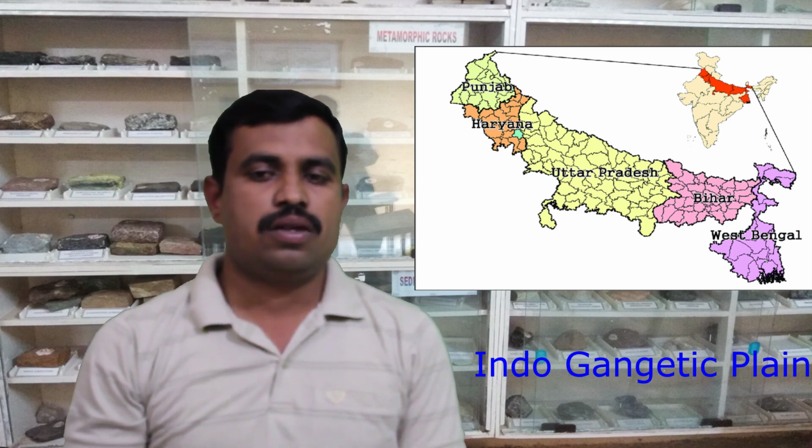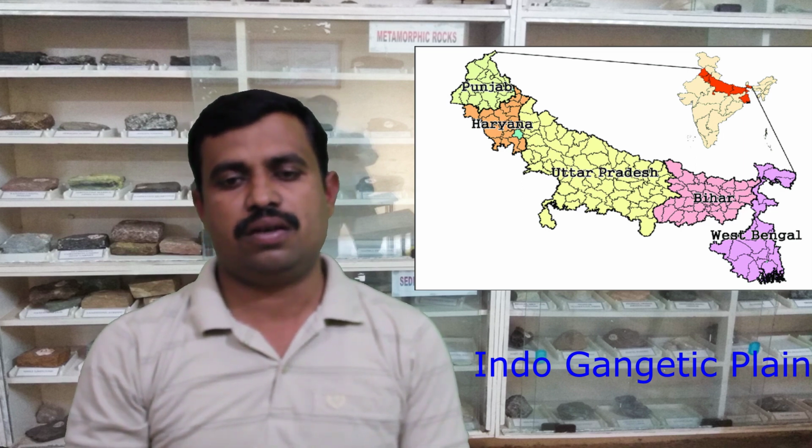This plain extends from Assam in the east, through Bengal, Bihar and UP, up to Punjab in the west. So this is the position of the Indo-Gangetic Plain. Now we will see the physiography of this plain. The Indo-Gangetic Plain is a very extensive alluvial plain which slopes with a very small gradient towards the sea.